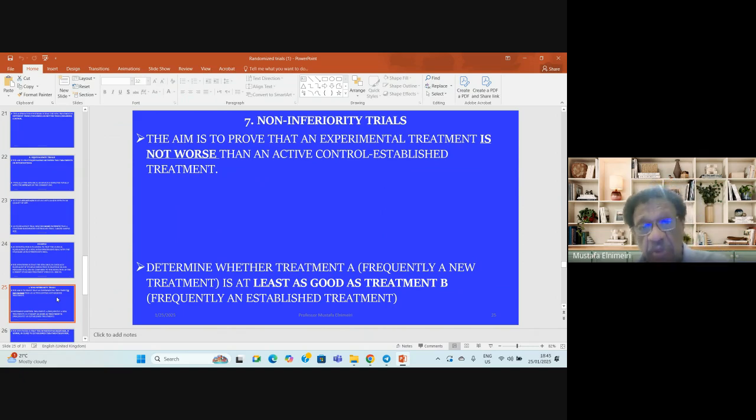The 7th type of the clinical trial is the non-inferiority trials. Here the aim is to have concrete evidence that an experimental treatment is not worse than an active control, established treatment. We determine whether treatment A, for example a new drug, is at least as good as treatment B, which is frequently established and used in practice.